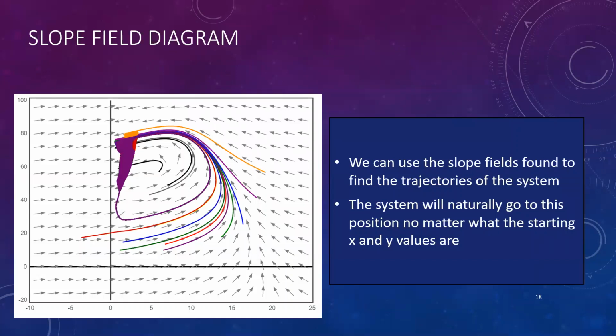Here we have a slope field diagram. Slope field diagrams are used to graph the trajectories of the system. We can use the slope fields that we found in order to analyze the system as it travels through space. As we can see, the system will go naturally to this position, no matter what the starting values for x and y are.